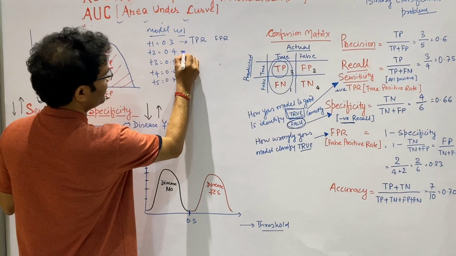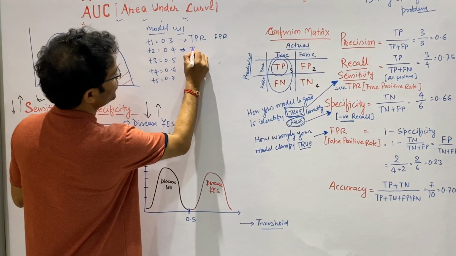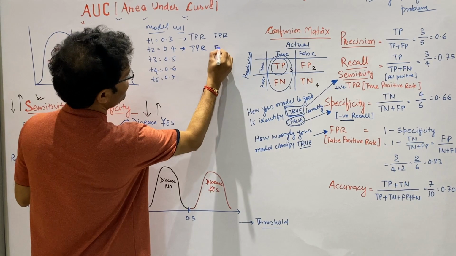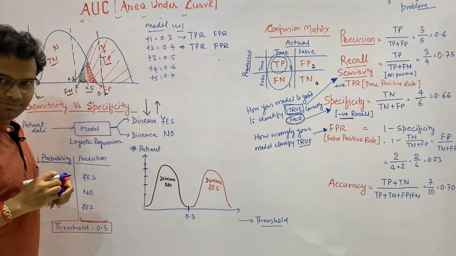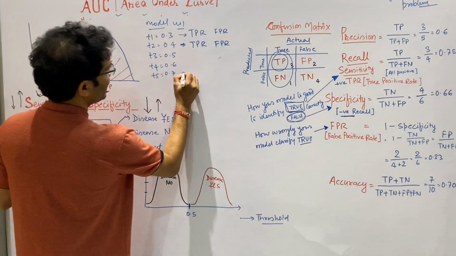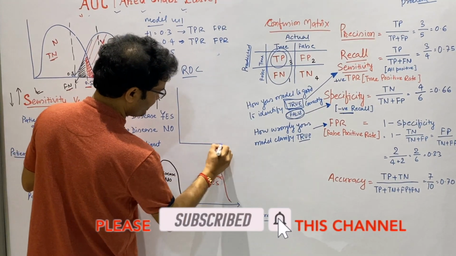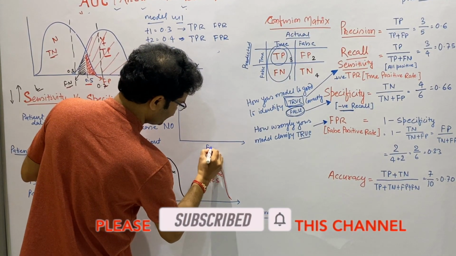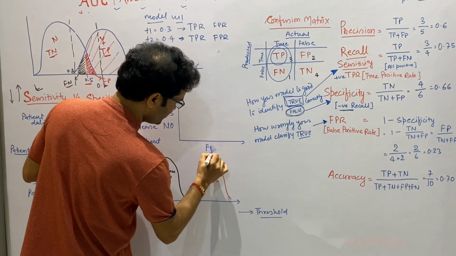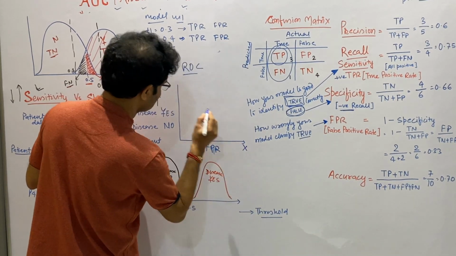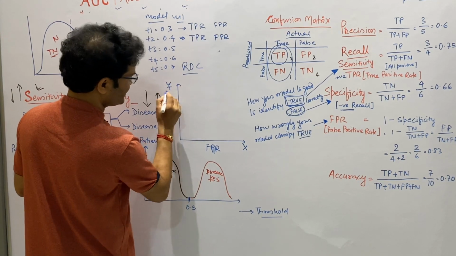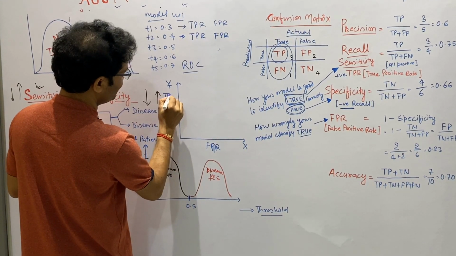Again, for threshold 4, they would be different. That's why ROC says to draw one graph with the false positive rate on the x-axis and the true positive rate on the y-axis.